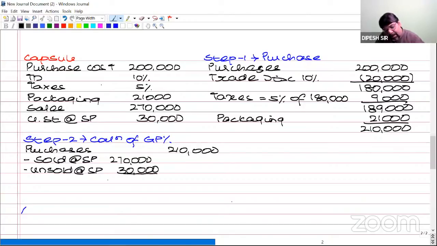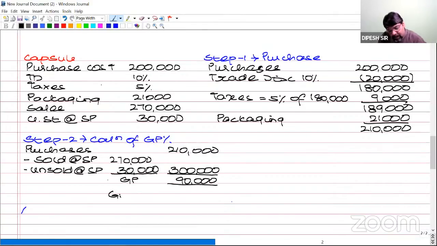That means if entire purchases were sold, they would have been sold for 3 lakh. 2,10,000 is the total cost of purchases, out of which certain part is sold, certain is unsold. GP then would have been 90,000.